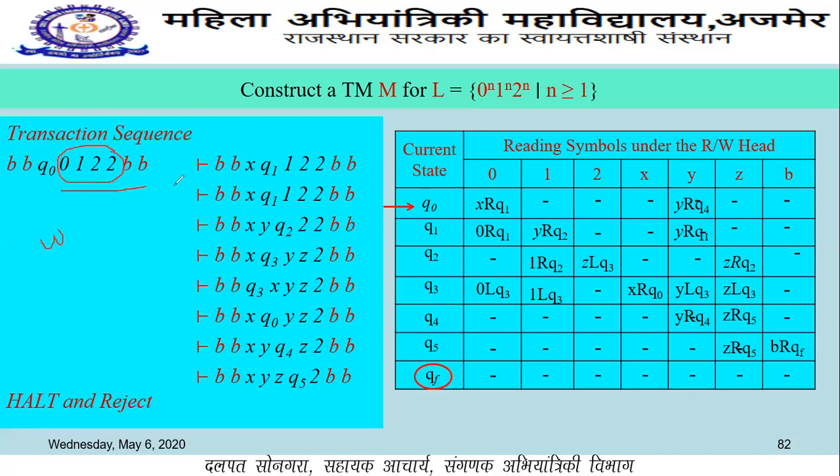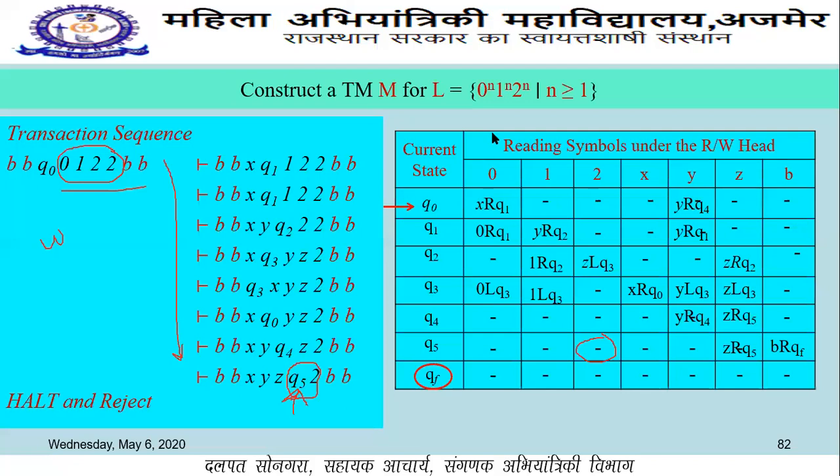When we take this transition function, we reach this situation. At this situation we are reading 2 at state q5, and this is a halting situation, because for this we don't have any transition function. So this halting situation is at a non-final state q5. That is also a rejection case. I hope you understand this.